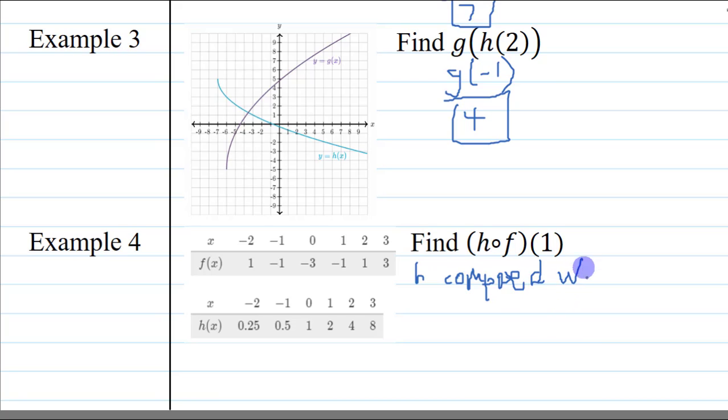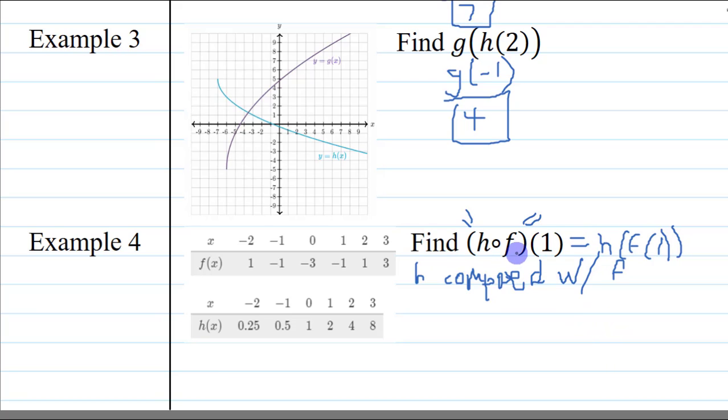That's how I read this thing right here. h of f, h composed with f. That's how I want to always pronounce it. So h composed with f of 1. This is the same exact thing. Write this down. This is the same thing as h of f of 1. It's just another way of writing it.